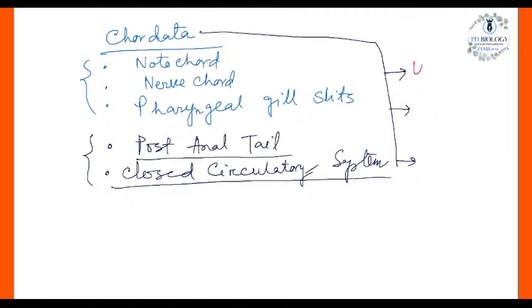Urochordata, that is also called tunicata. So can you give an example of urochordate? Exclusively marine.